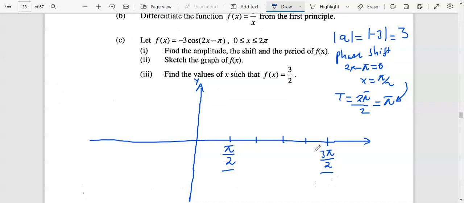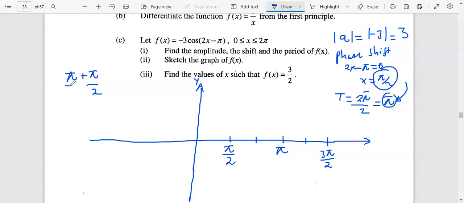So 2 pi divided by 2, that is going to give us pi, meaning that the middle of this function is going to be pi. The middle is here. That's pi. And then also add pi over 2 plus pi. Let's hope I didn't make a mistake when I added pi over 2 here with a pi.